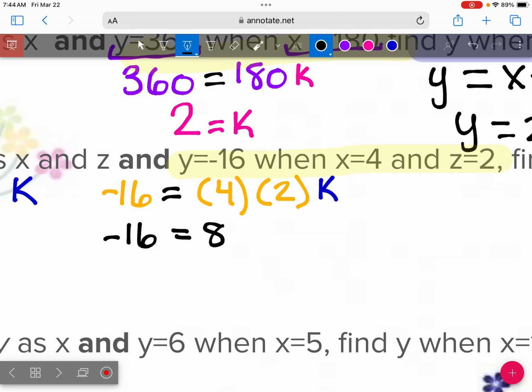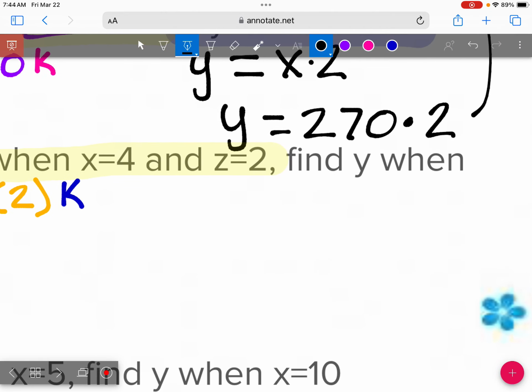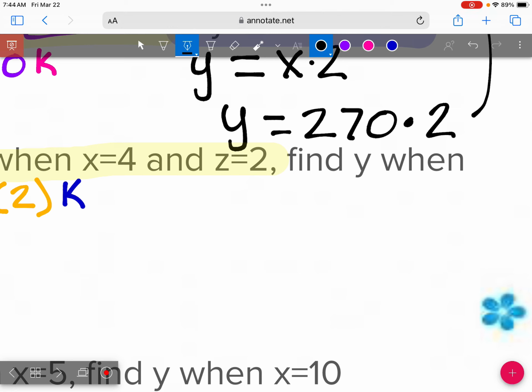That gives me 8 times my k. So what is the k going to equal? Negative 2. Divide both sides by 8. So then that makes our equation for this situation y equals x times z times negative 2.